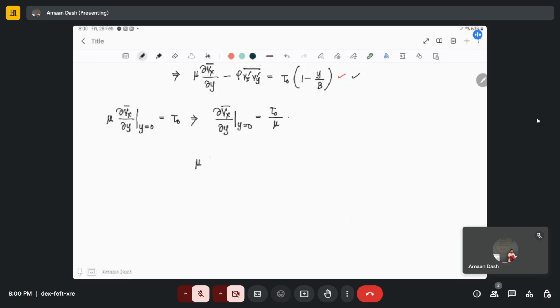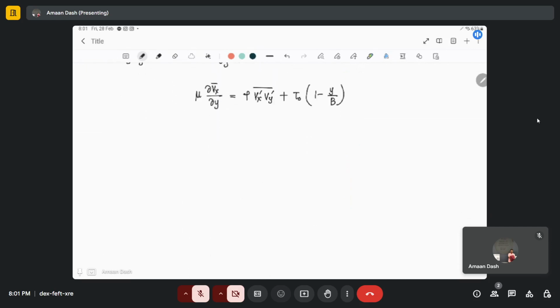This is mu times del Vx bar by del y, which will be equal to rho times Vx prime Vy prime whole bar plus tau 0 times (1 minus y by b), right? And we differentiate this, or just let me do this by mu, so dou Vx bar by dou y square.